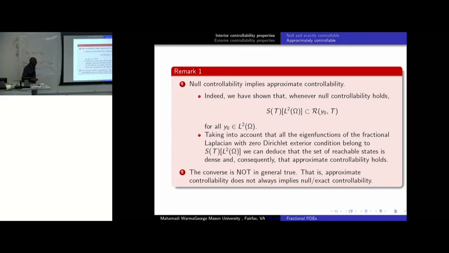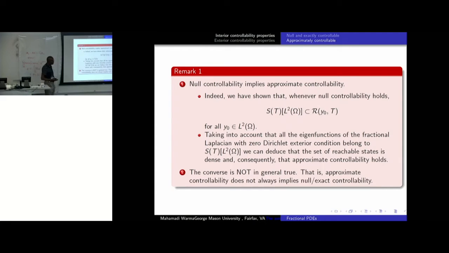Taking into account that all eigenfunctions of the fractional Laplacian with zero Dirichlet exterior condition belong to the image of the semigroup at time t, then we can deduce that the set of reachable states is dense, and then we have approximate controllability.